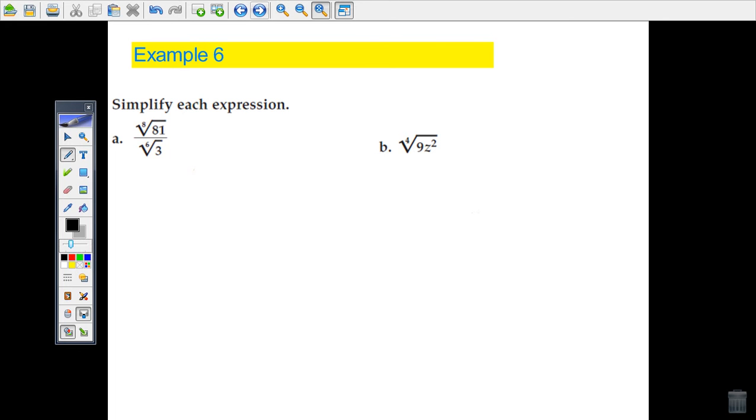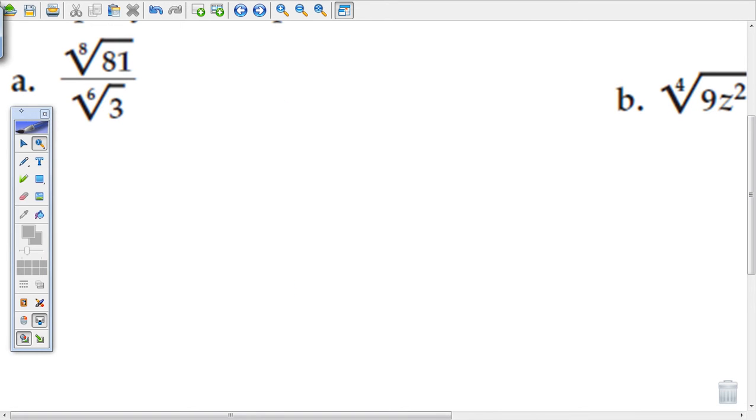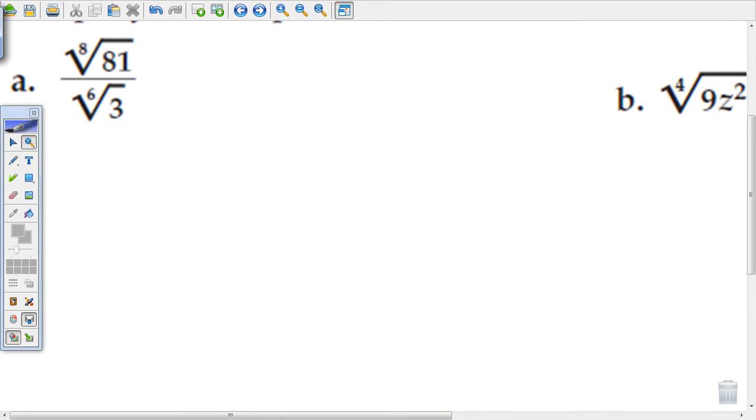6. 6 has an A and a B too. Why is it gotta be right back? I'm with Dominique. Why does it matter? Hey, so now I have an 8th root of 81 divided by a 6th root of 3. See, this is what I was talking about. We need to have these rational exponents to do this kind of stuff.